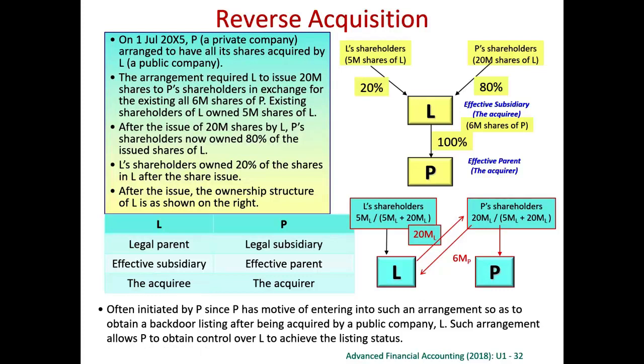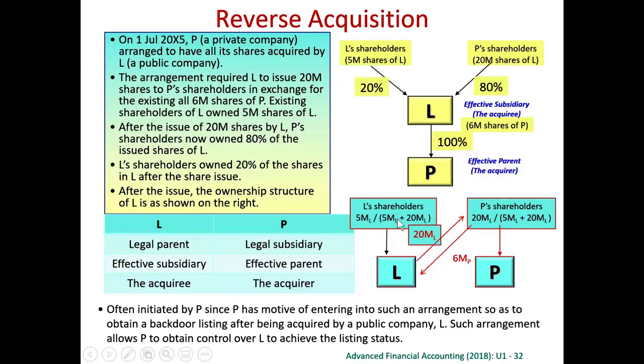Let's see the situation. After this share exchange, originally the shareholders of L had 5 million shares of L. Still, they hold 5 million shares, but after the share exchange, this is 5 million out of 5 plus 20 million, because L issued 20 million new shares.